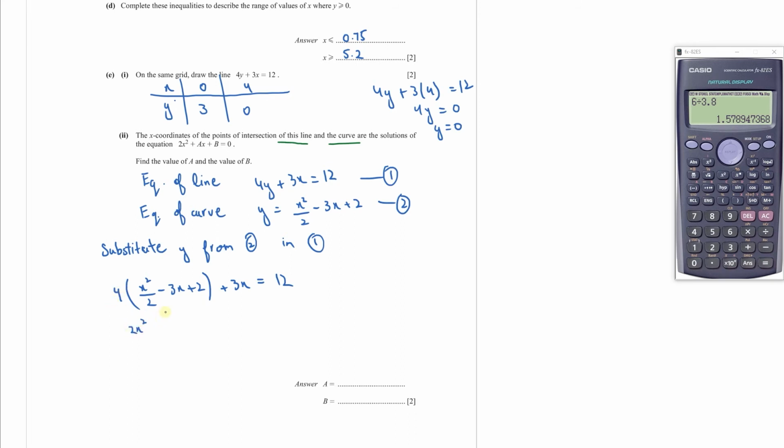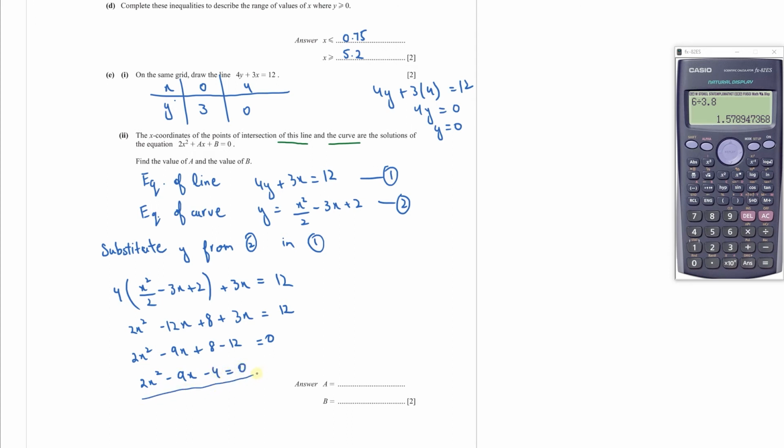This will become 2x squared minus 12x plus 8 plus 3x equals 12. Now in this equation, you have everything on one side and you want 0 on the other side. So I'll bring this 12 here as well. This minus 12x plus 3x will be minus 9x. So 2x squared minus 9x plus 8 minus 12 equals 0. And then if I simplify it further, I will get 2x squared minus 9x, 8 minus 12 will be minus 4, equals 0.